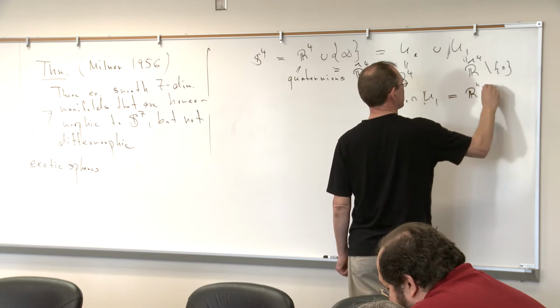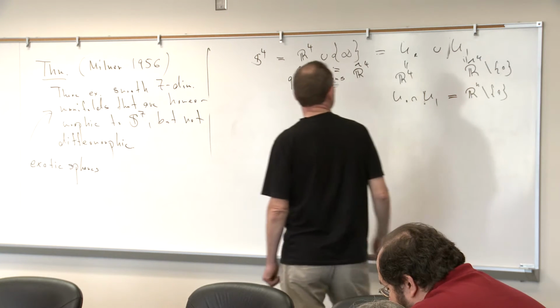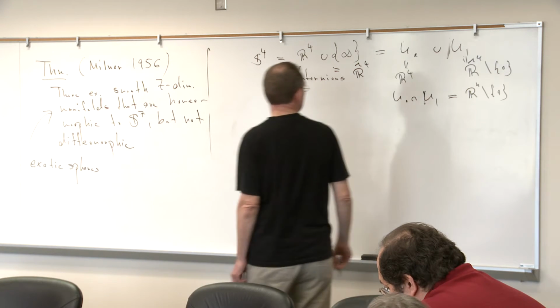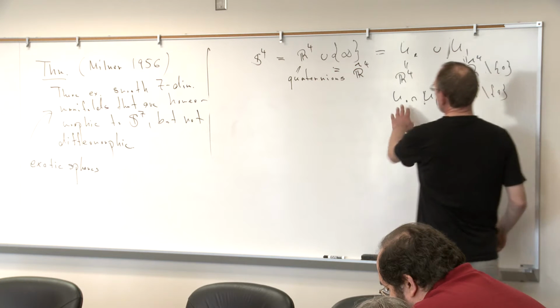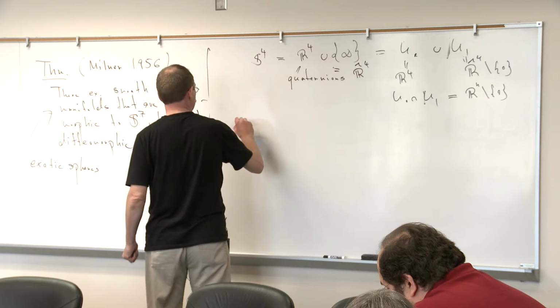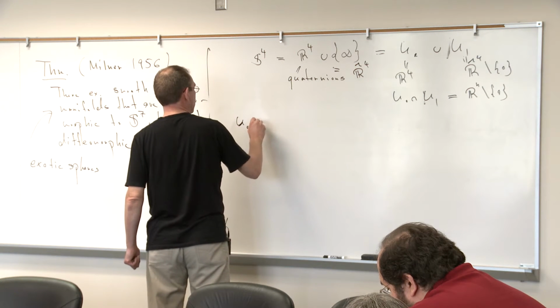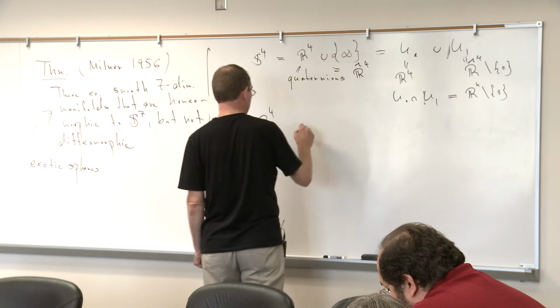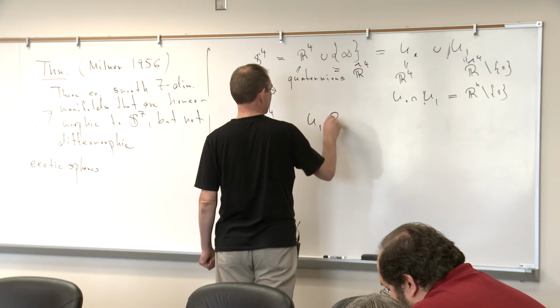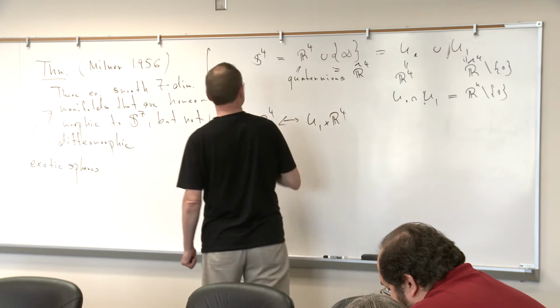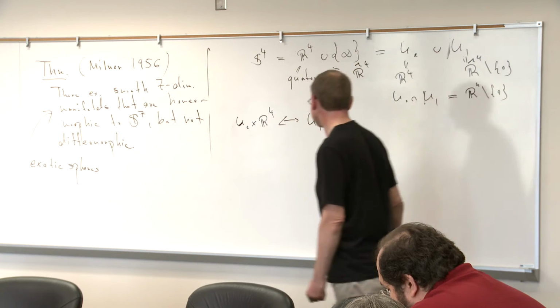R^4 minus 0. Okay. And now what Milnor does is he constructs, the technical term is, a vector bundle by taking these pieces of the four-sphere and crossing them with R^4. Again, you think of this R^4 as the quaternions. And then you want to glue these things together.